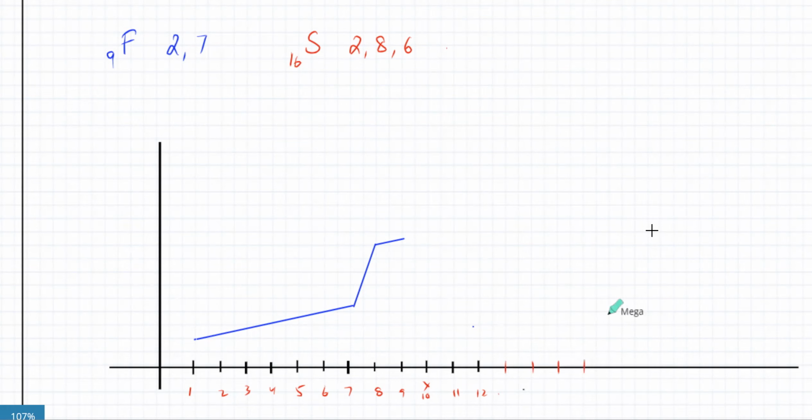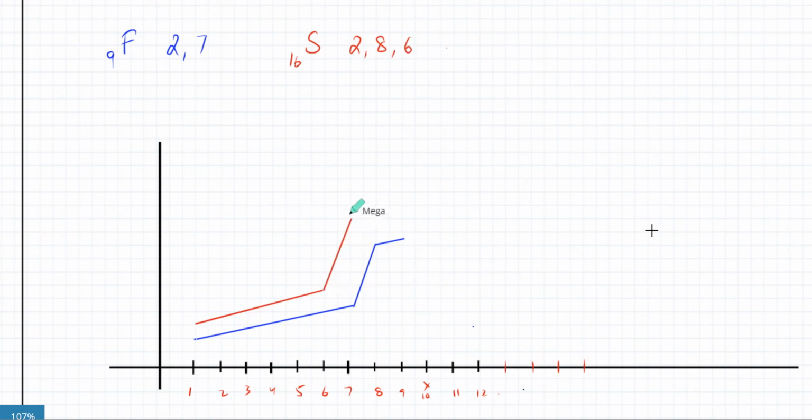So how would sulfur look? Where's the jump going to come for sulfur? After 6. Okay, so sulfur would go up till 6, and at the 7th one, there's going to be a jump.